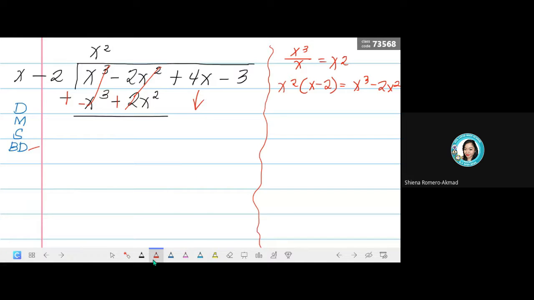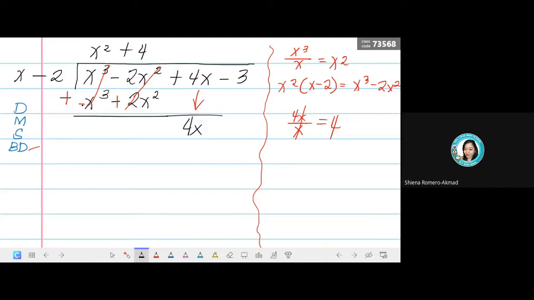Bring down natin si 4x. Next, we have 4x divided by x. Matik na yan, we have 4. Ilagay lang natin doon. Next, multiply natin siya.